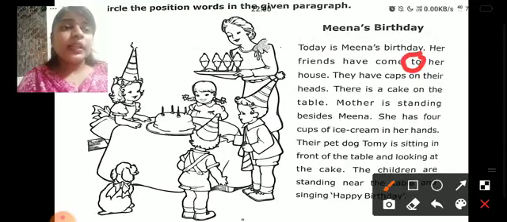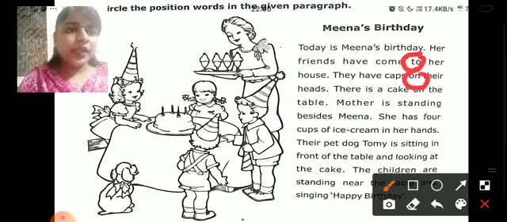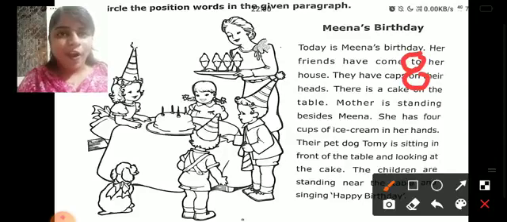Okay? They have caps on their heads. So here, what is the position word? On. So circle the word on. Okay? The next, there is a cake on the table. Again, what are you going to circle? On.